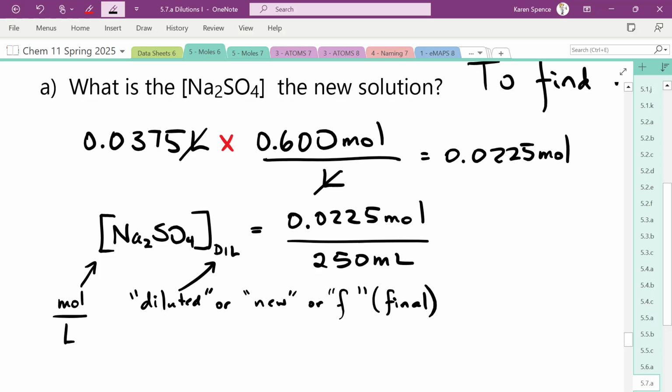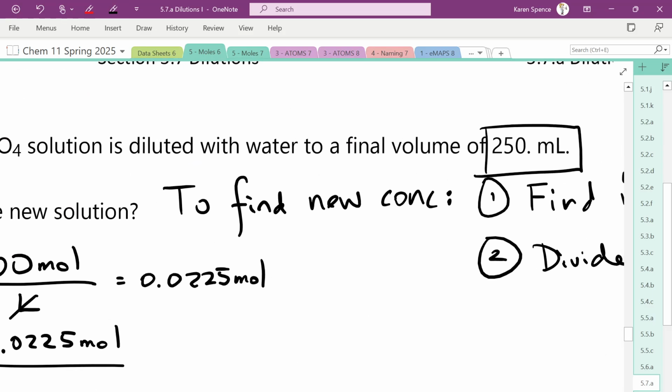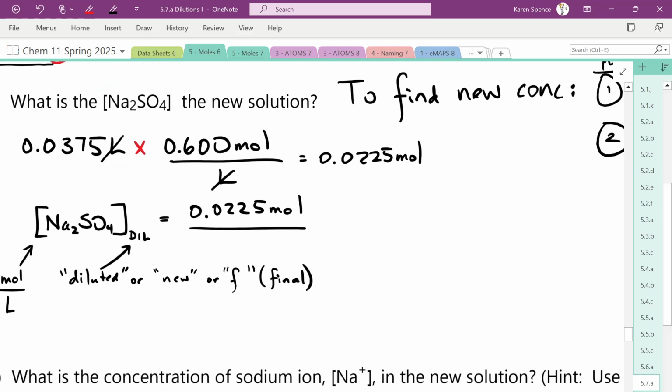Can I do that? No. What do I have to change it to? I have to convert it to liters. So once again, how many places do we move our decimal? 1, 2, 3. So that's going to be 0.250 liters. Do the division.